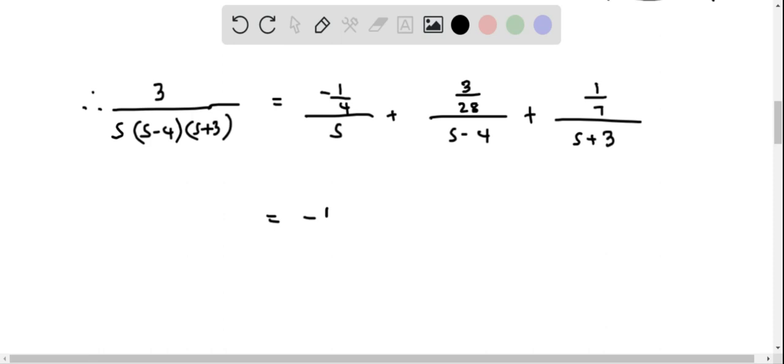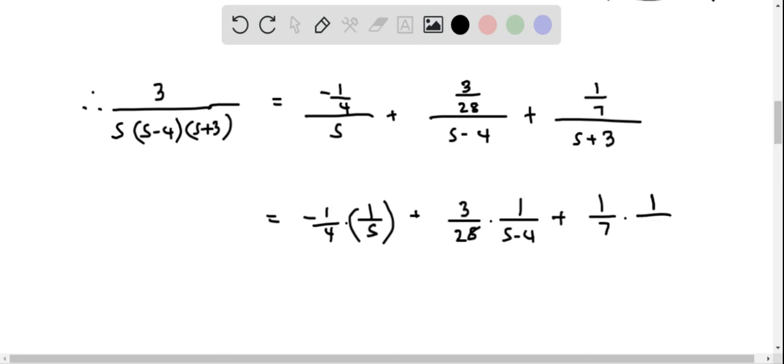That is, this is equal to negative 1/4 times 1 by s, plus 3 by 28 times 1 over s minus 4, plus 1 by 7 times 1 over s plus 3.